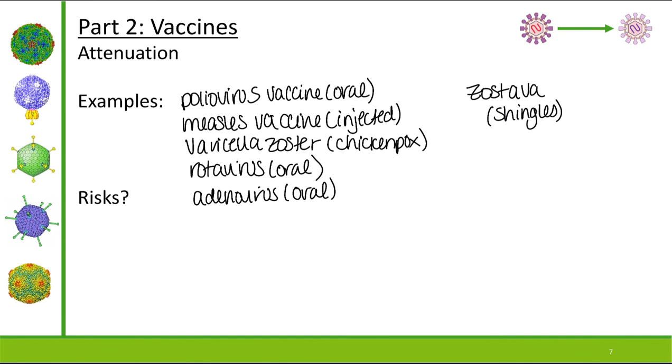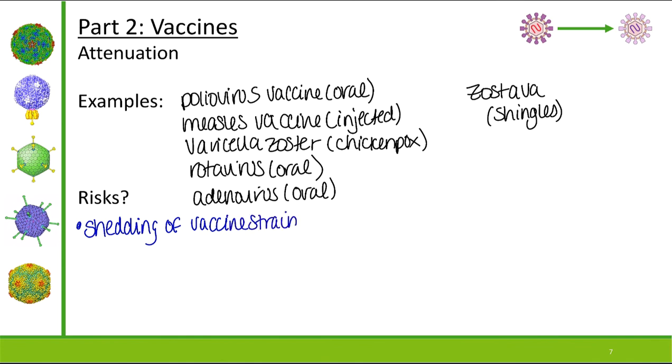With these vaccines, these are still viruses that are alive, if you will. They're completely capable of reproduction. So you can imagine that there are definitely some risks when it comes to these vaccines. Because these viruses are able to reproduce, we actually see shedding of the vaccine strain.